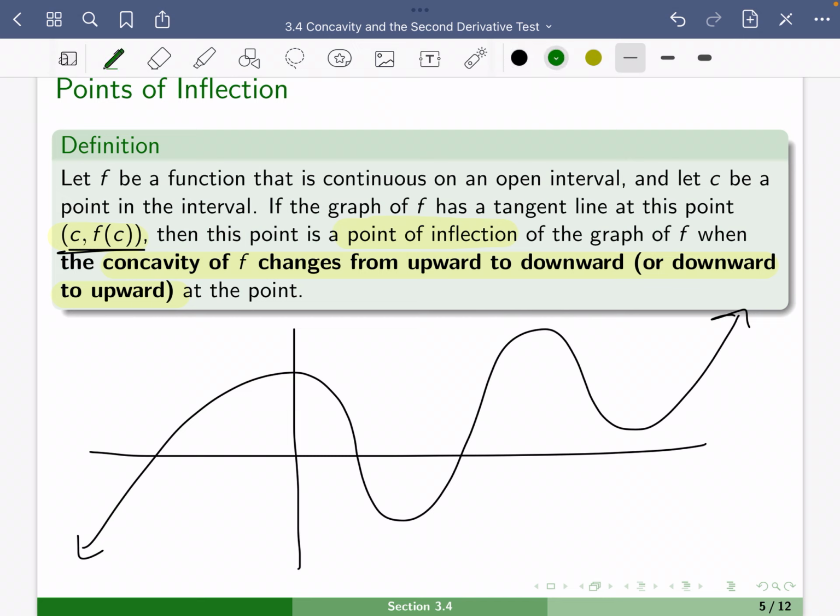We have a graph that is concave down. It is concave down all the way up to roughly this point, so our tangent lines are above the graph. Right at that point, our tangent lines start to be below. This point right here is a point of inflection.